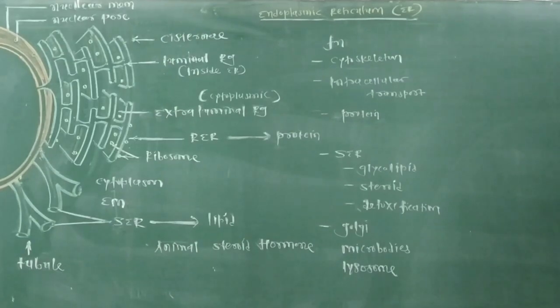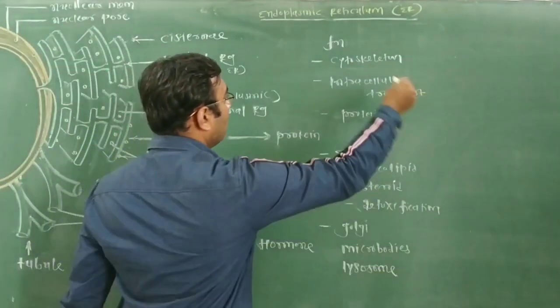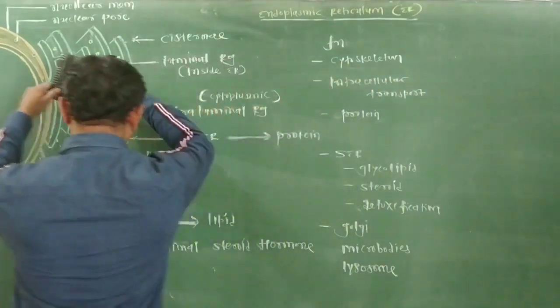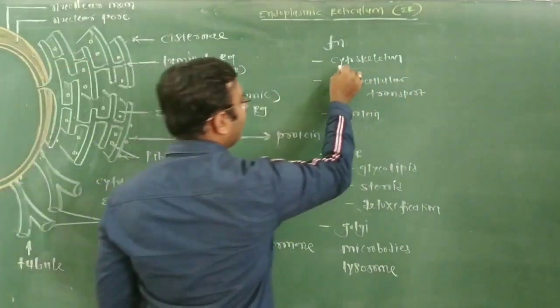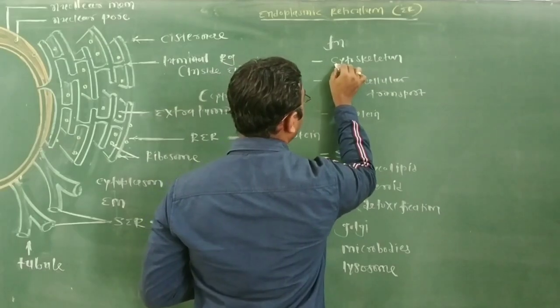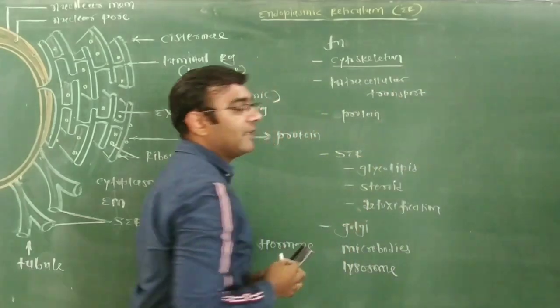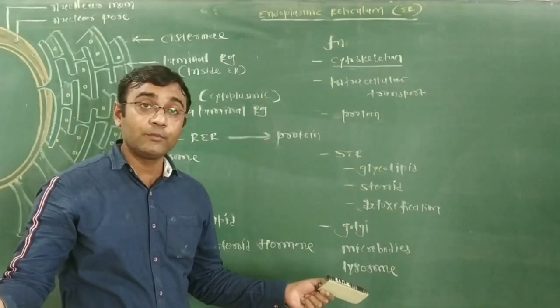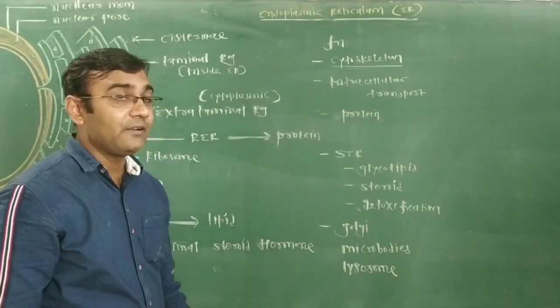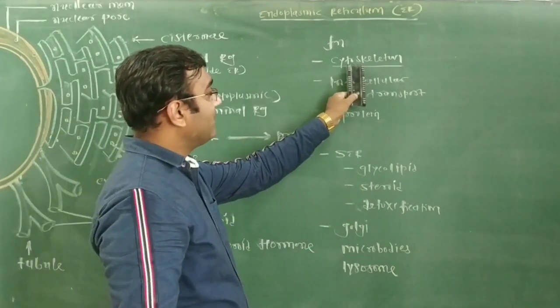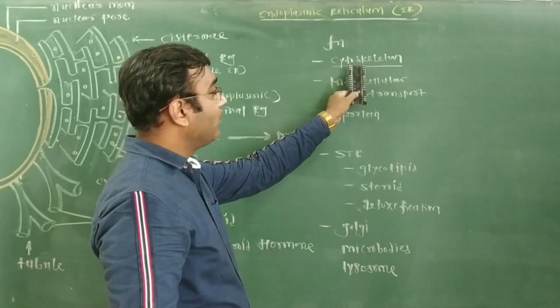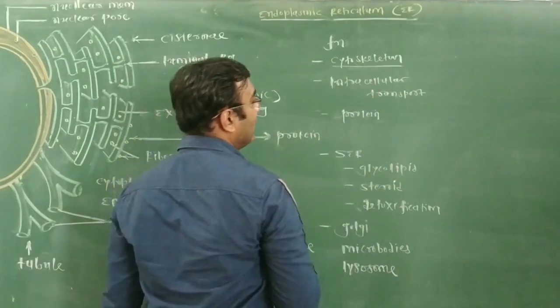The endoplasmic reticulum is associated with many functions. It spreads inside the cytoplasm, that's why it is a component of the cytoskeleton of the cell, along with microtubules, microfilaments and intermediate filaments. The endoplasmic reticulum provides support to the cell, so cytoskeleton is a function.